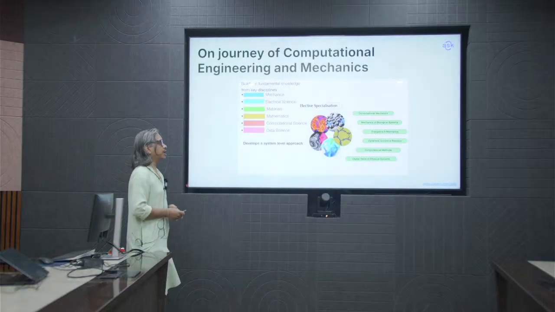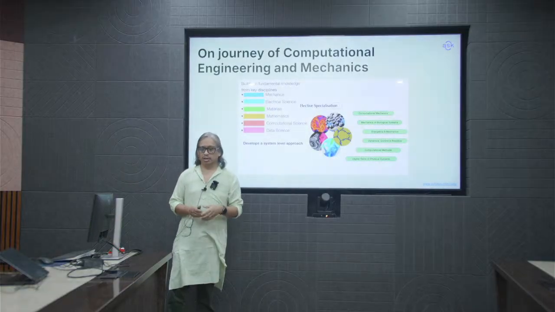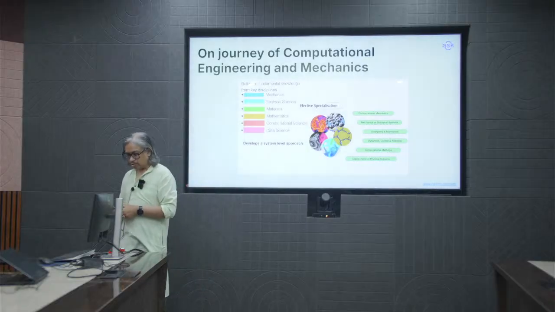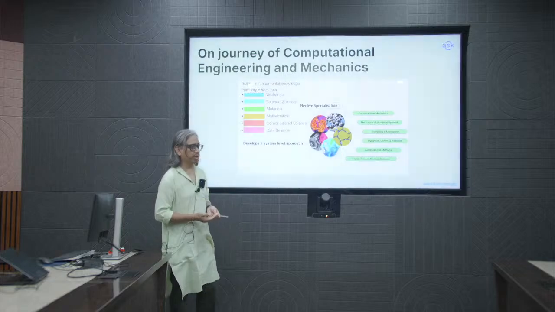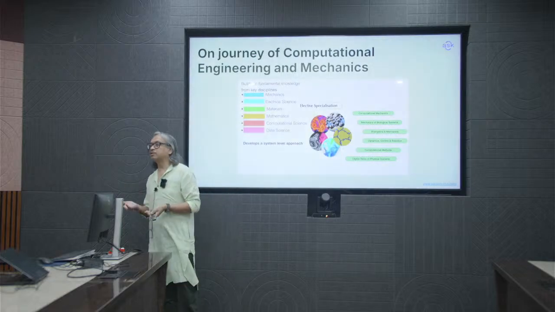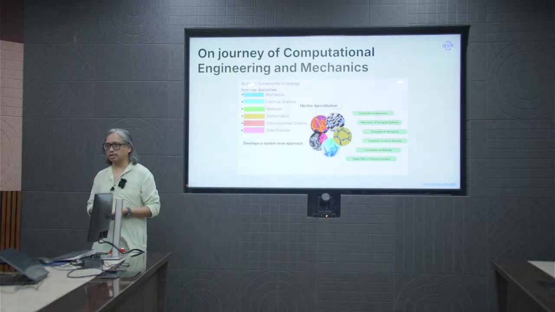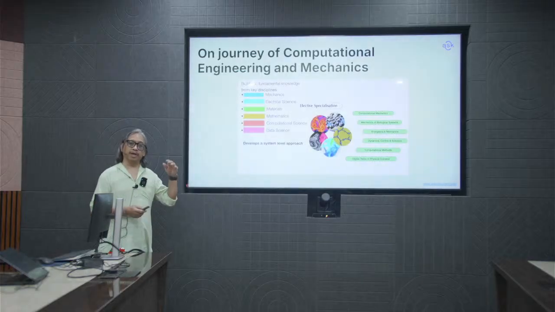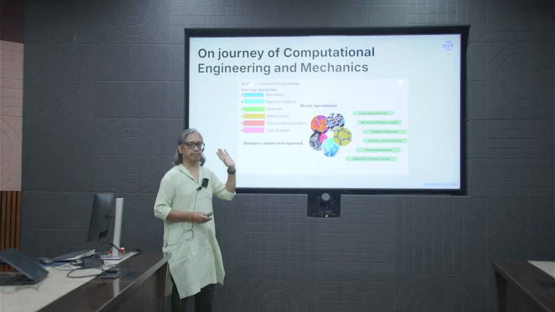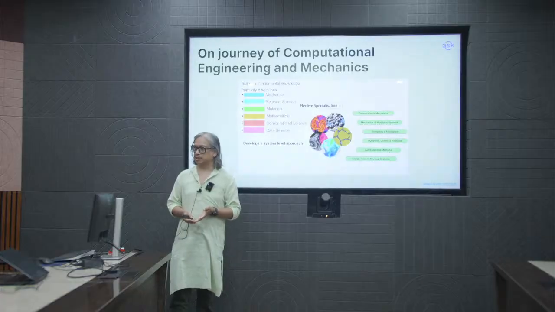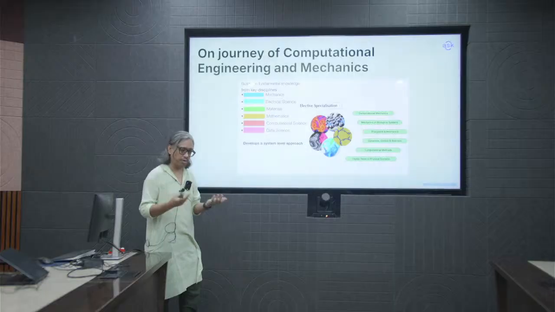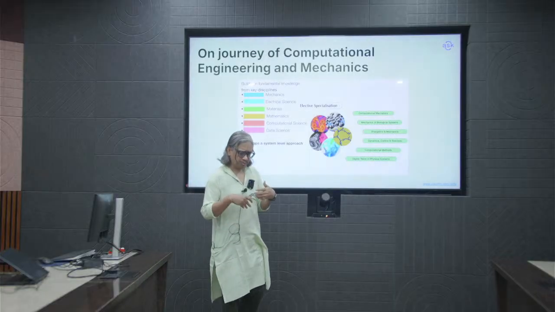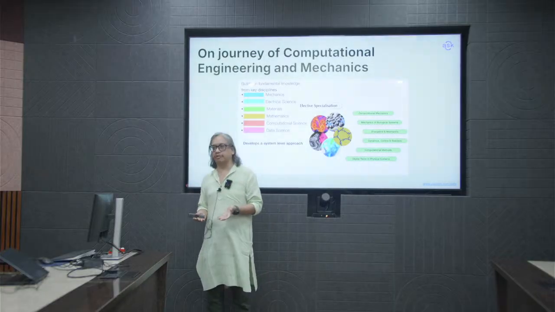What do we mean by energetics and mechanics? So for example, nowadays we know that we are talking about electric vehicles. In electric vehicles, battery is a very important thing. So the mechanics associated with these type of materials we have to also understand. So this energetics and mechanics, we are now also looking into various other sources of energy.